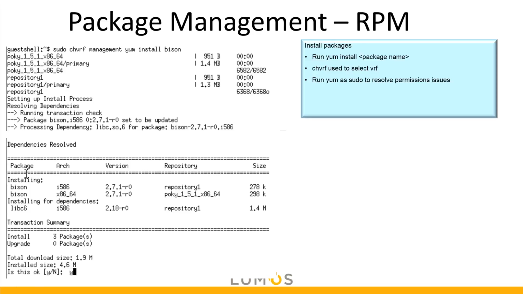So from there, Bison is installed, and once it is, it's processing dependencies as well, and assuming those dependencies are resolved, then it's basically saying it's going to install 4.6 meg of file. Is this okay? And I issue yes, and it will go ahead and install this application.